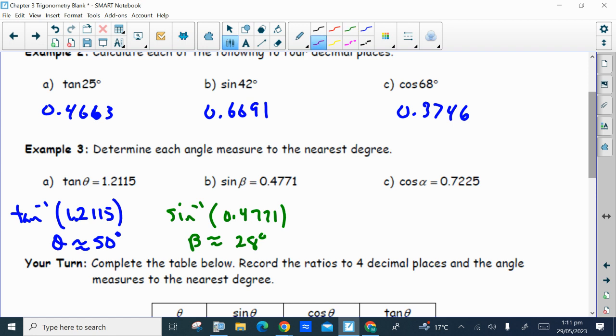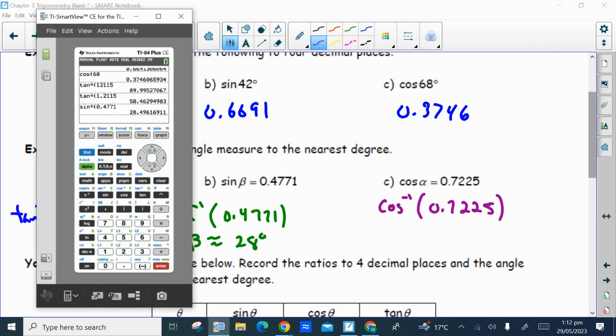And question C says the cosine of gamma. Again, that's just a Greek letter. For some reason, mathematicians have often used Greek letters to find missing angles. So if you want to find out what angle gamma is, you need to do cosine to the negative 1 of 0.7225.